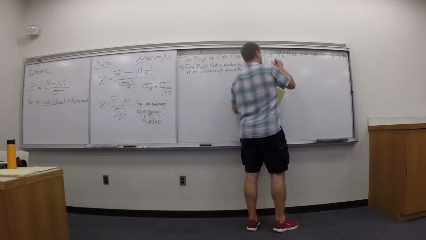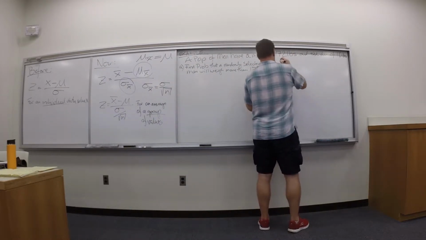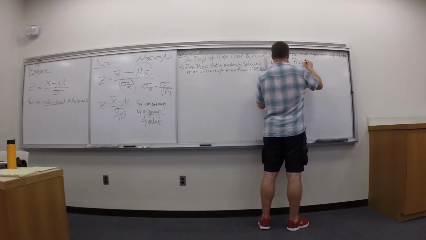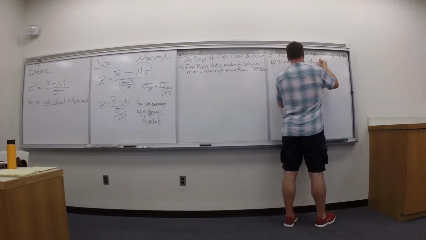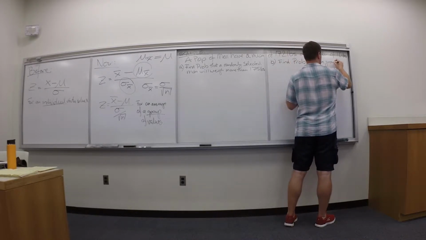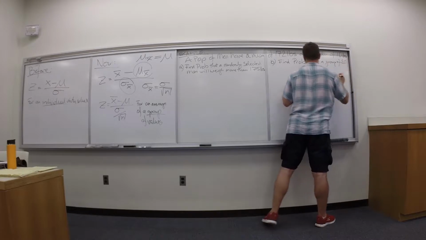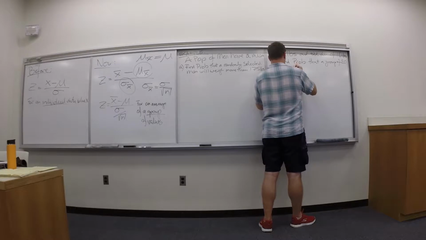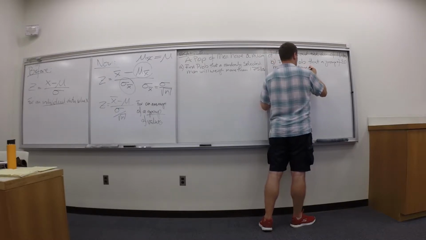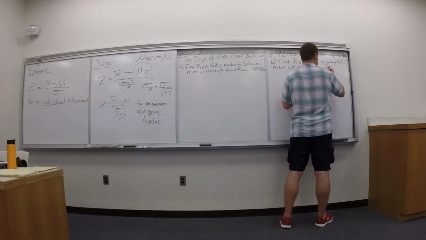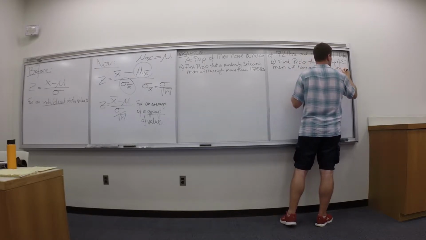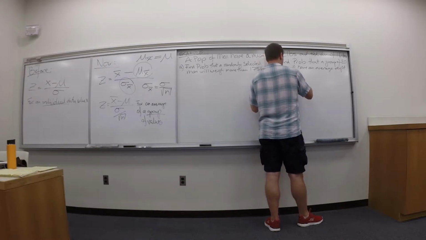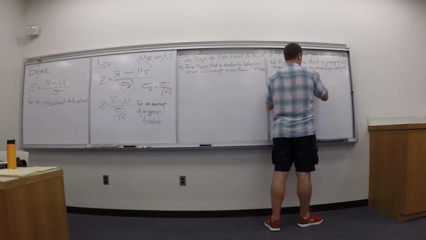Part B is: find the probability that a group of 20 men will have an average weight of more than 175.